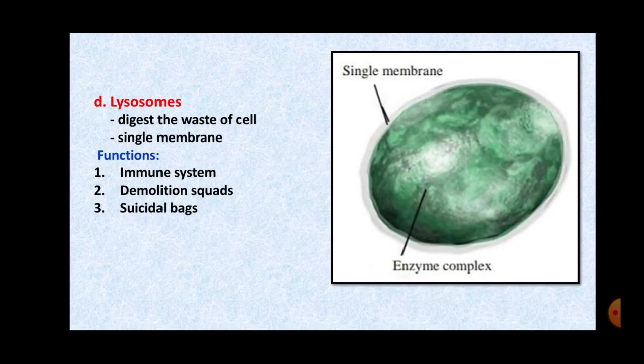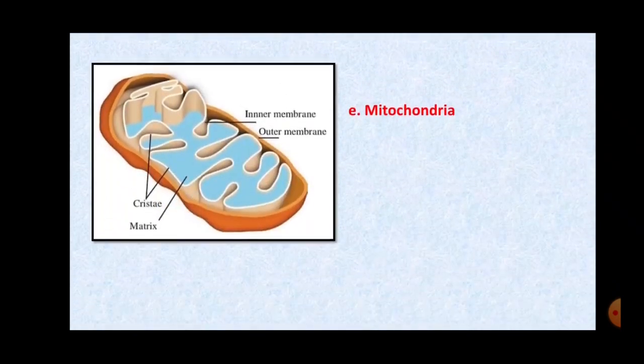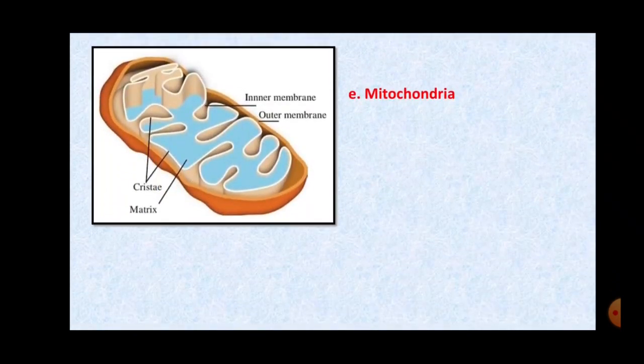Then next we are going to start an important organelle of the cell, which is mitochondria. And you know, students, this is also called as powerhouse of the cell. Now why it is called as powerhouse of the cell?